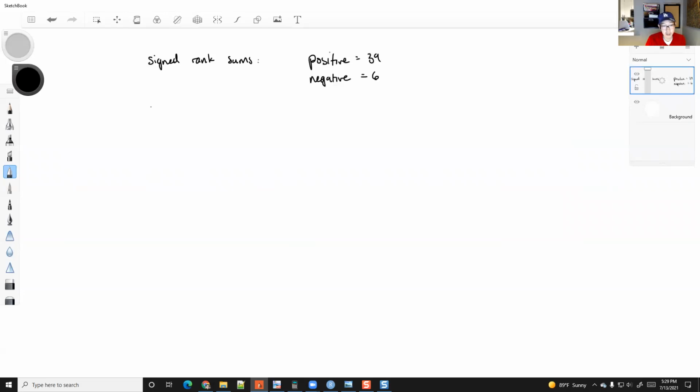And our test statistic will be the larger sum. The test statistic is the WS. I don't know how they come up with these letters for the test statistics, but there we go. So we got 39.